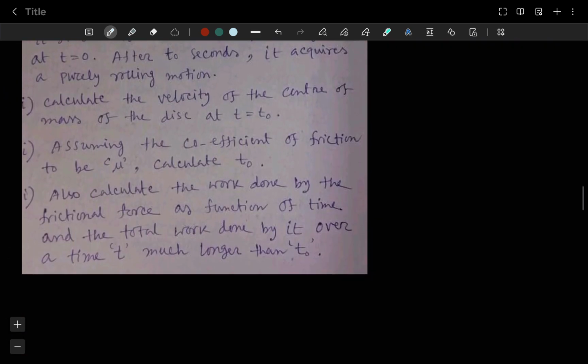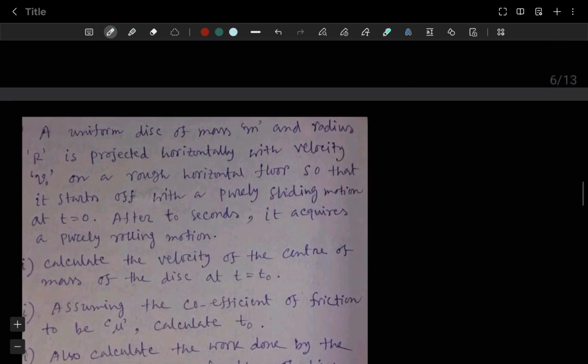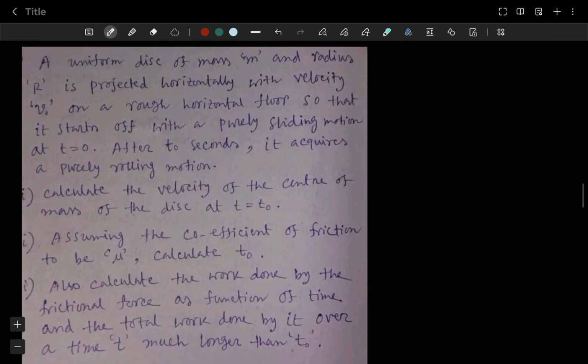Alright, now let's move to the third problem. Okay, this is also a problem of rolling. Now a disk is given. The previous two problems were solid spheres. Now it's a disk.